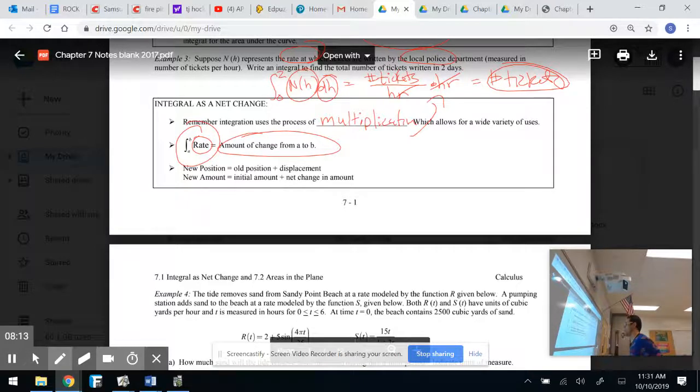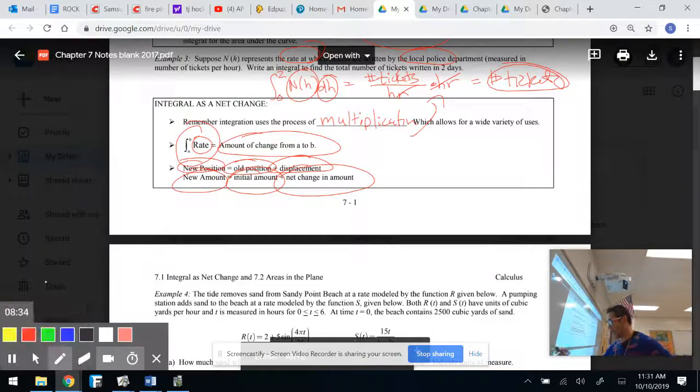And then your new position is always your initial or old position plus displacement. Your new amount is your initial amount plus the net change, if we're talking about amounts. We're not always going to be talking about velocity and change in position, right, class? We're going to start talking about amounts now. And that's why we have that second piece right there, okay?